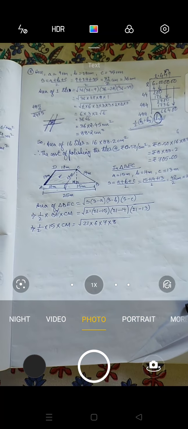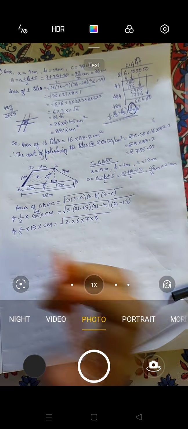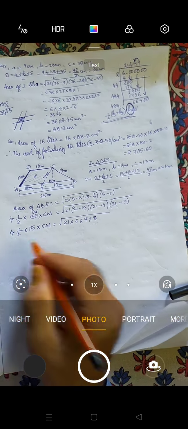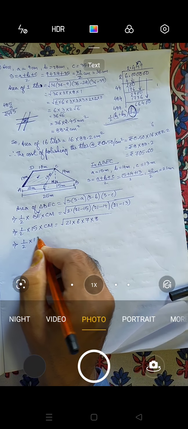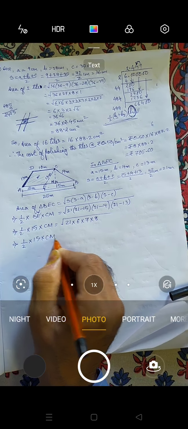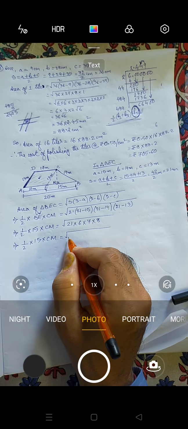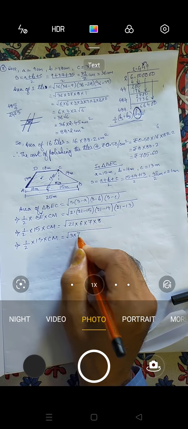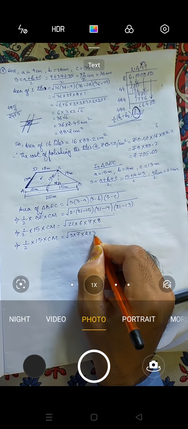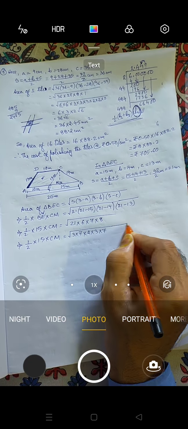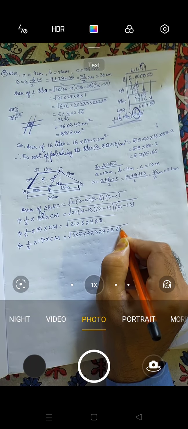Any problem? Okay. Now we will take the prime factorization. One by 2 into 15 into CM equals, this 21 can be written as 3 into 7. 6 can be written as 2 into 3. 7 is 7 and 8 can be written as 2 into 2 into 2.